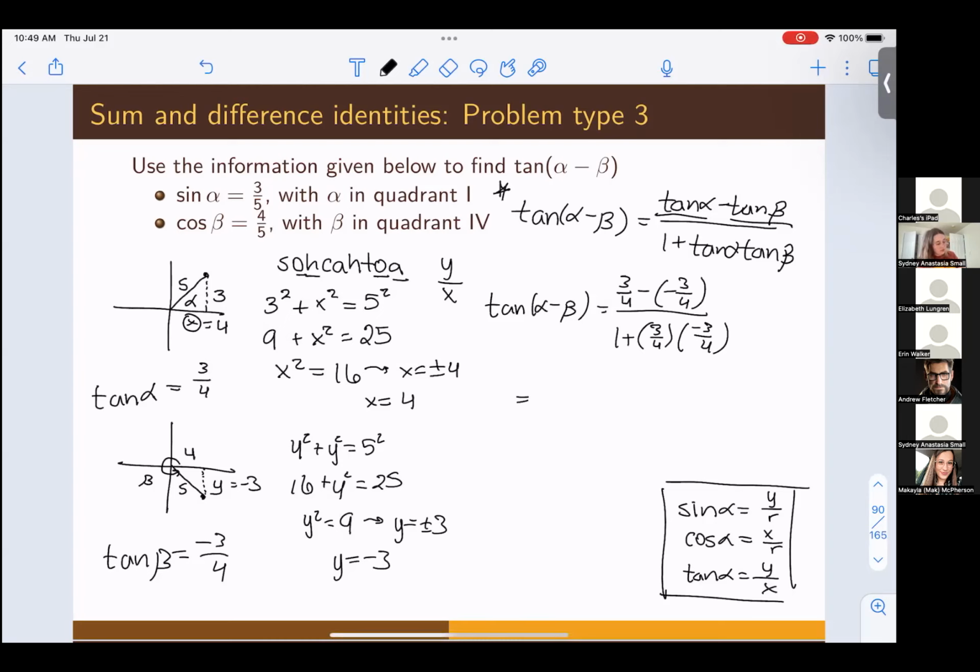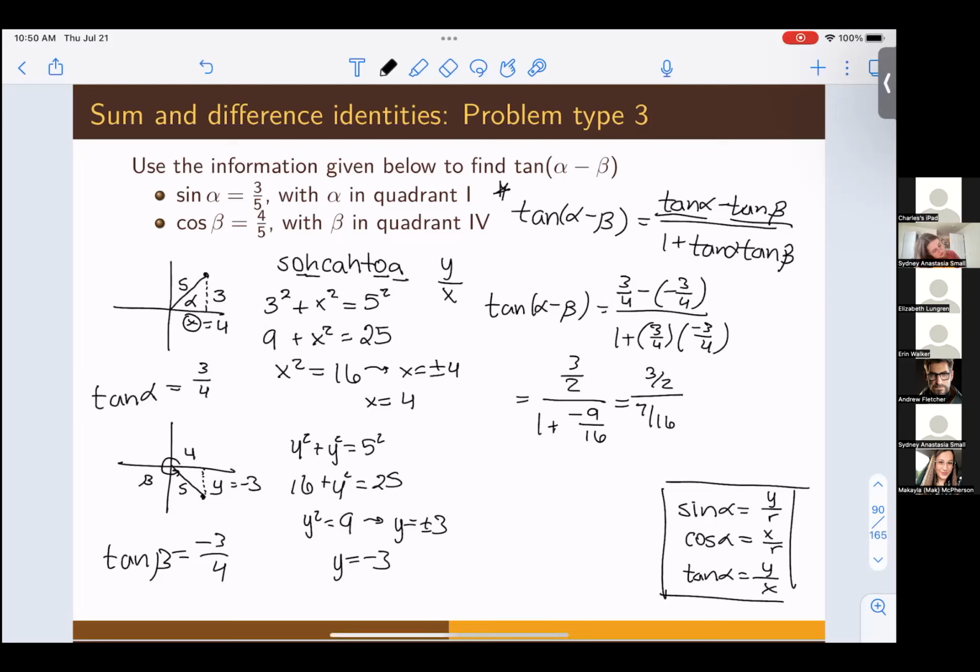3/4 minus a negative 3/4 is just like 3/4 plus 3/4, which gets us 6/4, which is the same as 3/2. And then in the denominator, we have 1 plus negative 9 over 16. Cool. Adding that out, we have 3/2 over 1 minus 9/16, which happens to be 7 over 16.